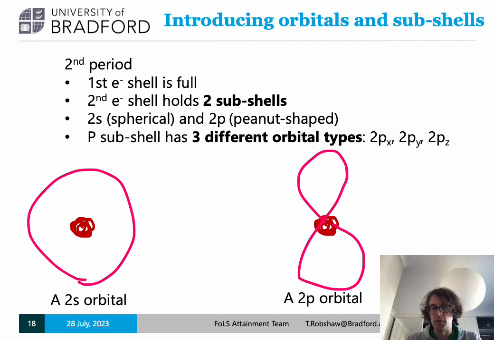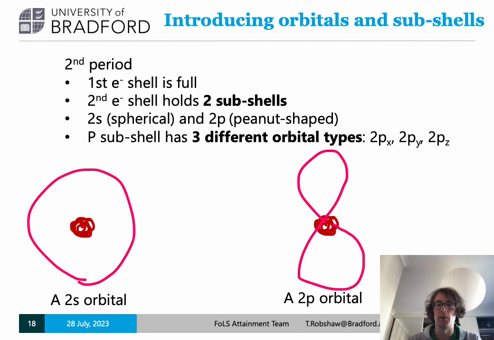In our second period, and if you want to follow along on your own periodic table, this is the one that starts with lithium on the far left, we have up to eight outer shell electrons to worry about. In the second period elements, the 1s subshell is always full with two electrons. In the second electron shell, there are two subshells.